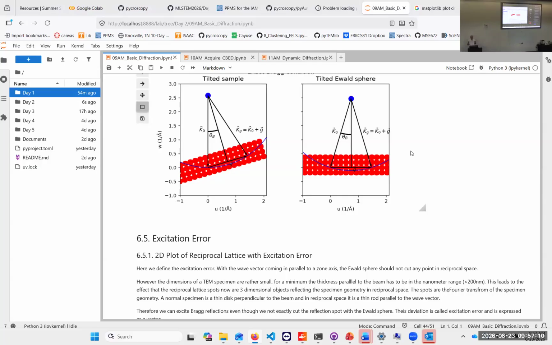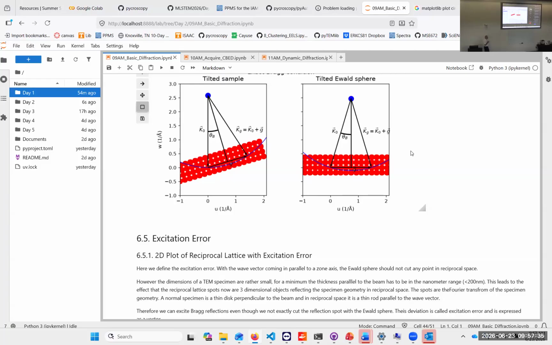So whether you tilt the beam and we set rolls this Ewald sphere, or whether you tilt the sample is completely equivalent. In the microscope, of course, we cannot tilt the beam very far, but we can tilt the beam a little bit to get it in the right orientation.